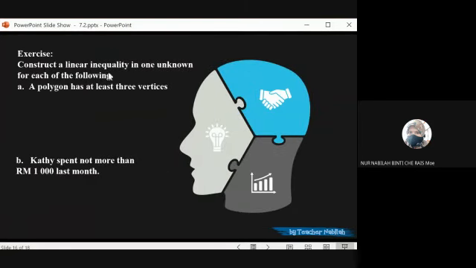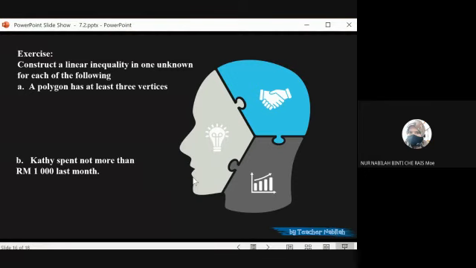Exercise. Construct a linear inequality in one variable for each of the following. Okay, try to do this in 2 minutes. A, a polygon has at least 3 vertices, and B, Katie spent not more than 1,000 last month. Okay, you try to do this in 2 minutes.